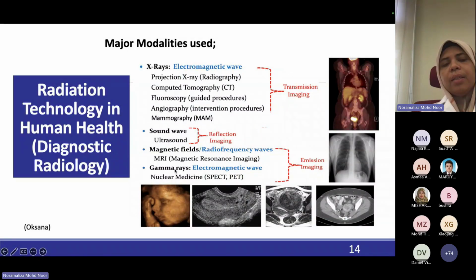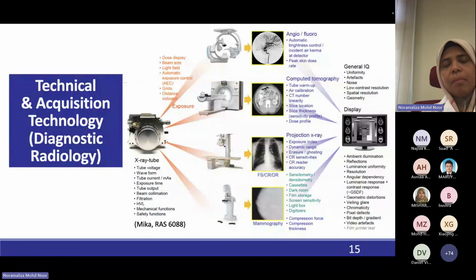For example, when we inject the patient with an unstable radionuclide into the body, because the radionuclide is unstable, it tends to become stable by emitting gamma rays. So the gamma rays will be detected by the detector to form the image. So these are the three basic principle modalities used in diagnostic radiology.